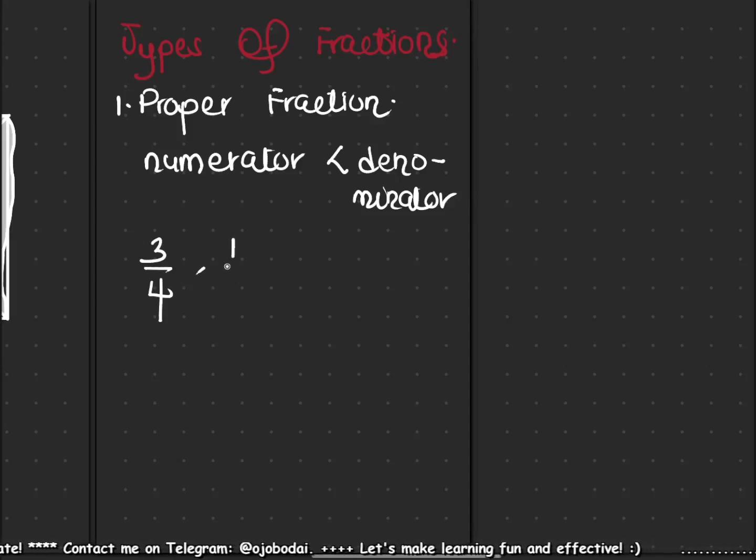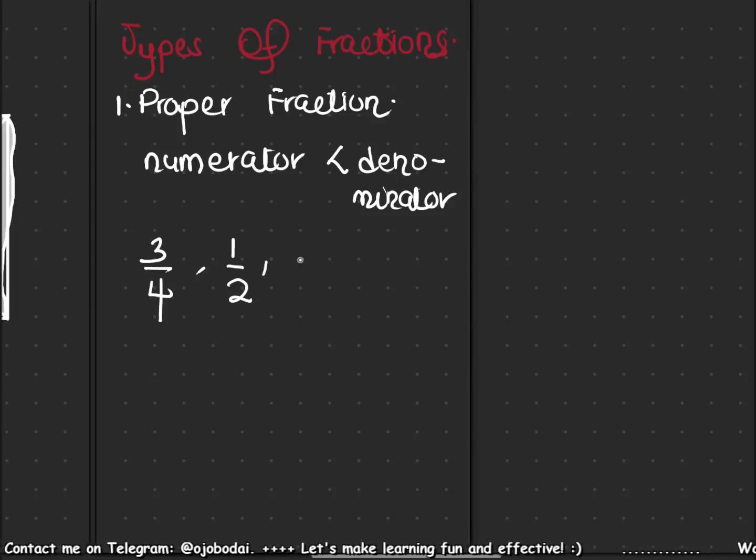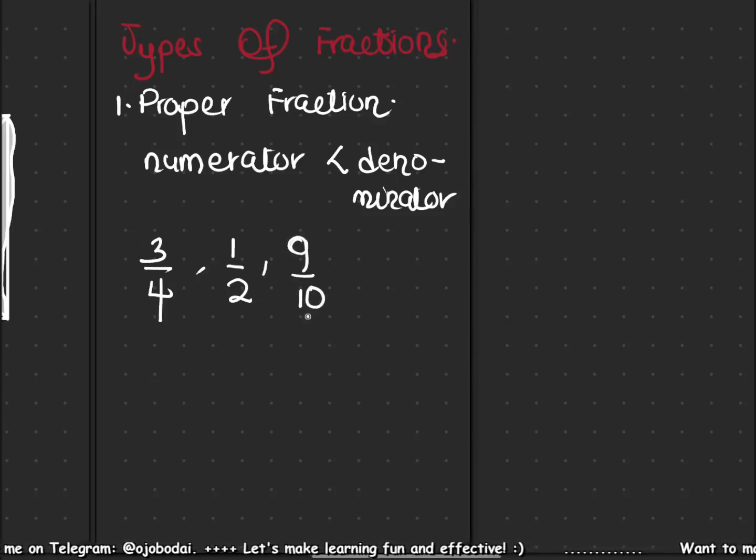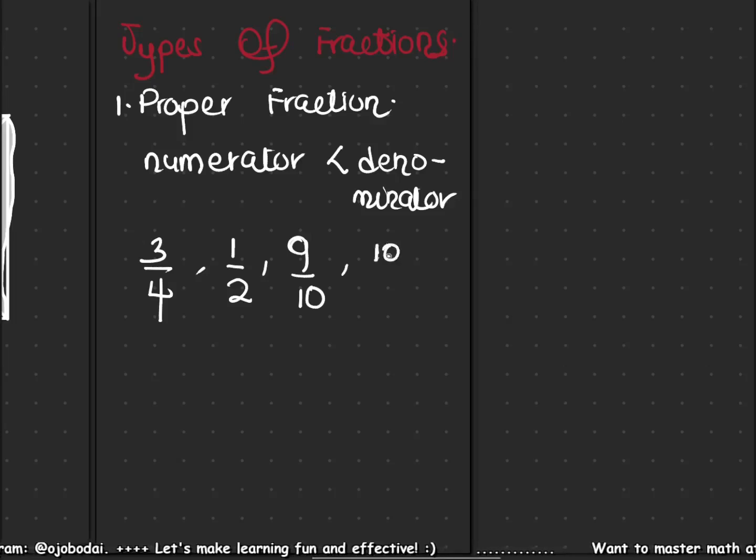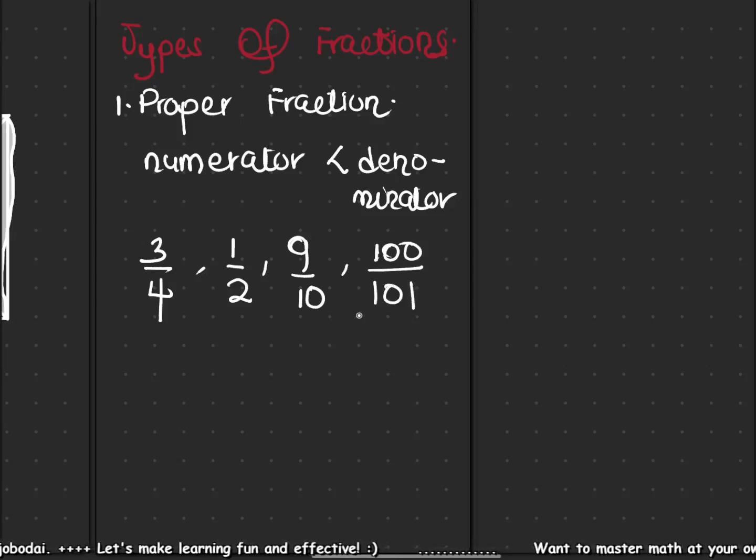So 1 over 2 is also a proper fraction. 9 over 10 is also a what? Proper fraction. There are so many, countless. If you have 100 over 101, it is a proper fraction. Why? Because our numerator is less than our denominator.